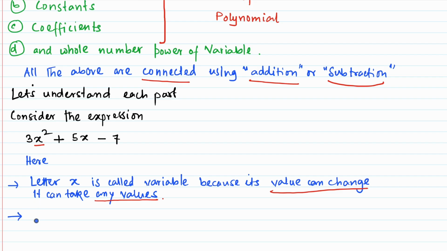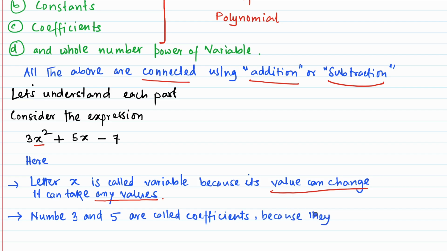First of all, this is called the variable. The numbers 3 and 5 which are associated with the variable are called coefficients because they multiply with the variable. That's why they are called coefficients of the variable.